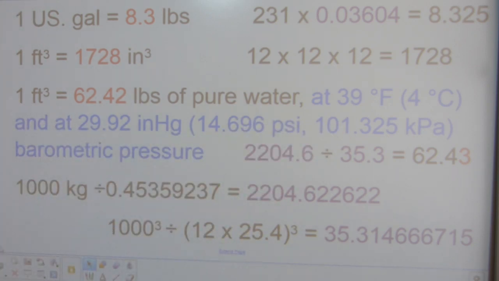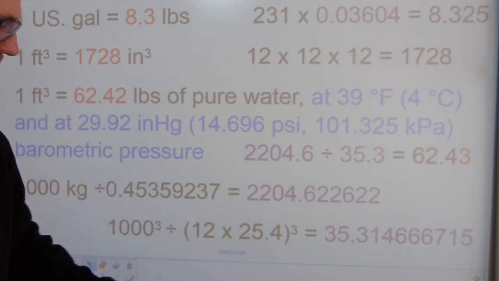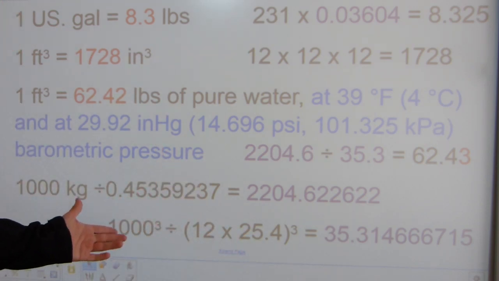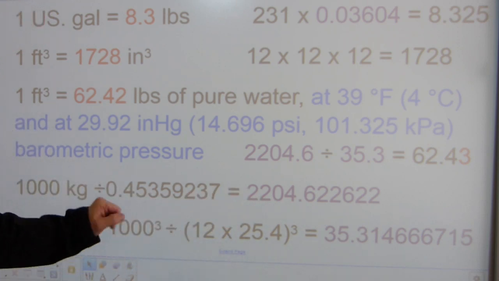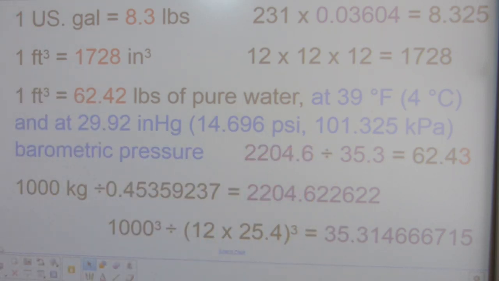And that figure 1000 relates to the fact that that's millimeters, and it's going to be actually cubic meters, so that's why that's 1000 there. You're going to get 35 out of it. You do the division, you will end up with 62.43 for the weight of 1 cubic foot of water.